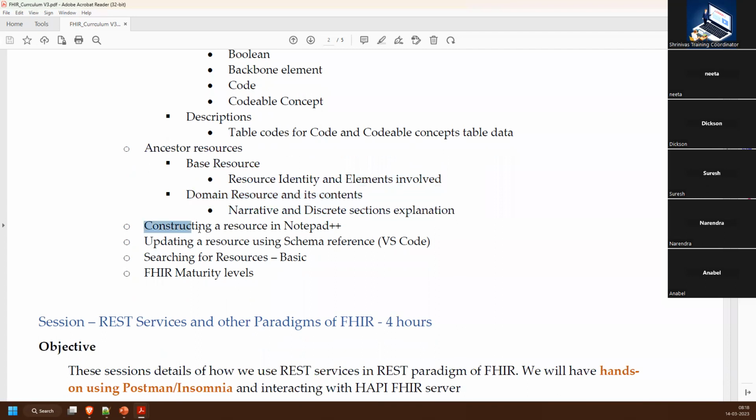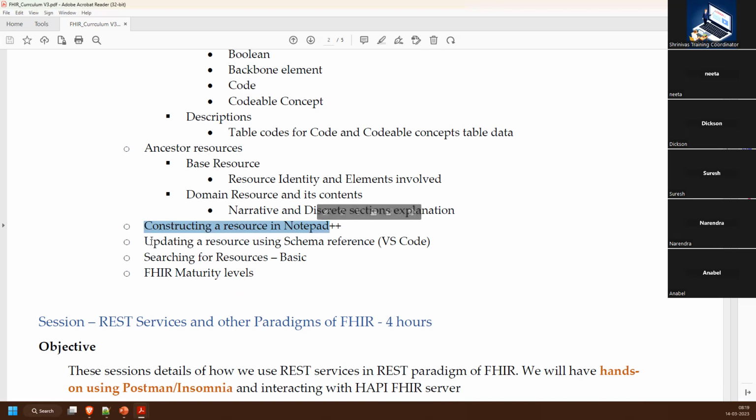Then we'll talk about constructing a resource. So we'll quickly take a look at how you create a resource using normal Notepad++. This is for us to get hands-on to understand how we structure a resource. This way we will understand the structure of each resource or how the resources are built.